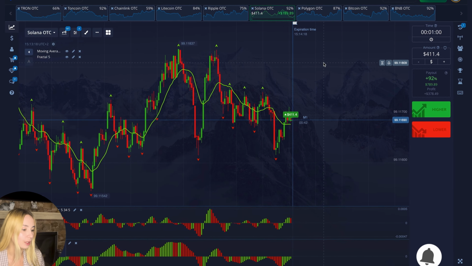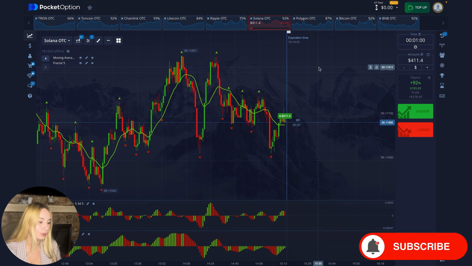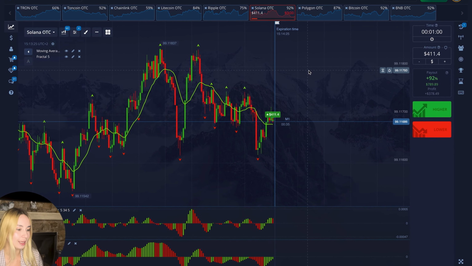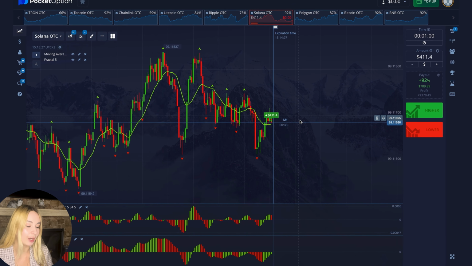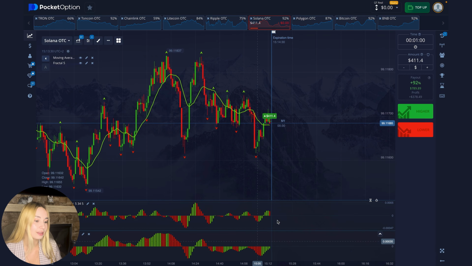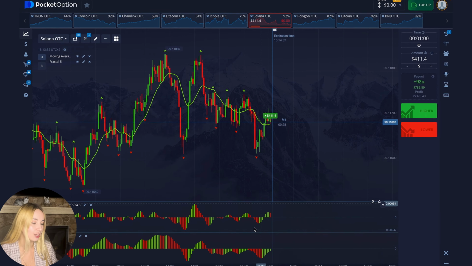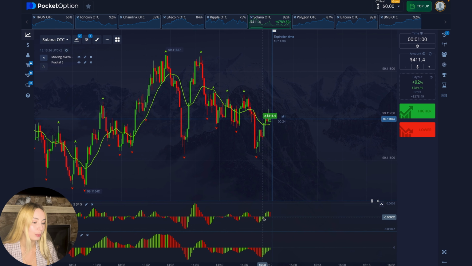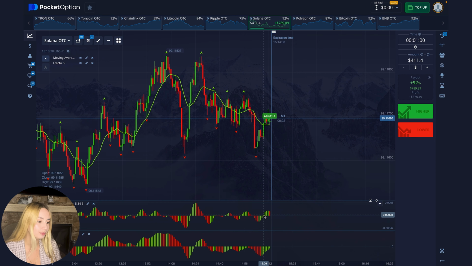I'm going with Solana and entering a call here. You should already understand the entry logic by now. Both oscillators have shown crossover confirmation. Accelerator crossed its midline and volume is pushing upwards.